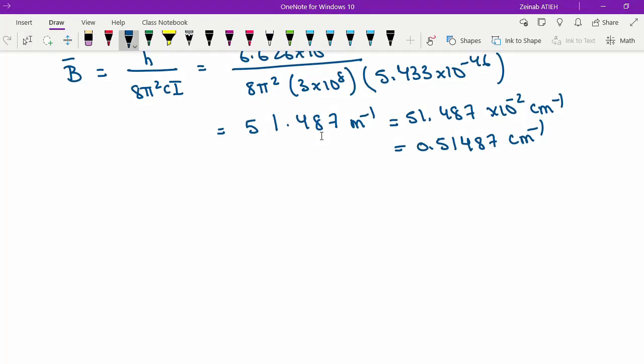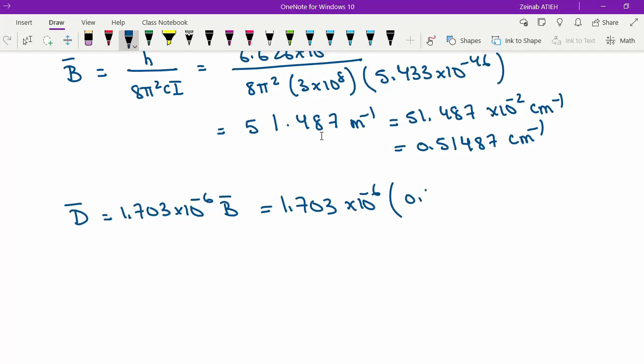D bar is equal to 1.703 times 10 to the power minus 6 multiplied by B bar, 0.51487 centimeter minus 1. So we get our answer, 8.77 times 10 to the power minus 7 centimeter minus 1.